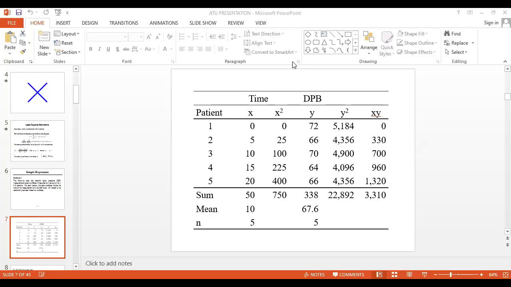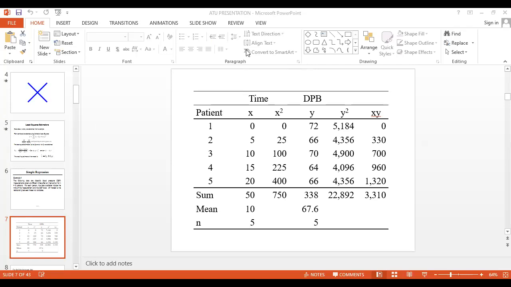So in this example, I have the data here.